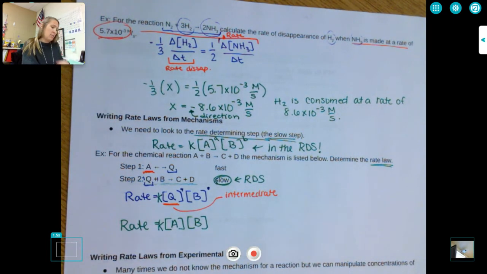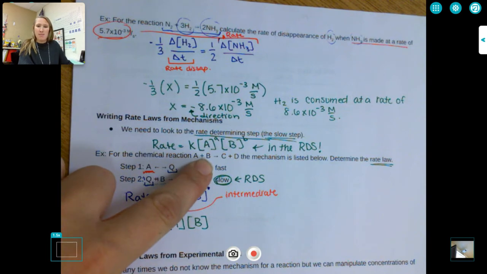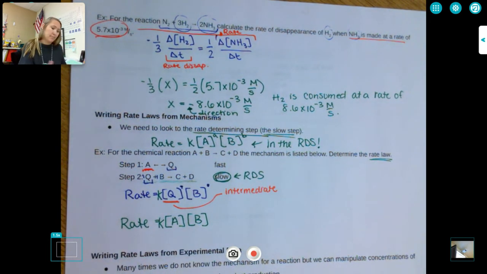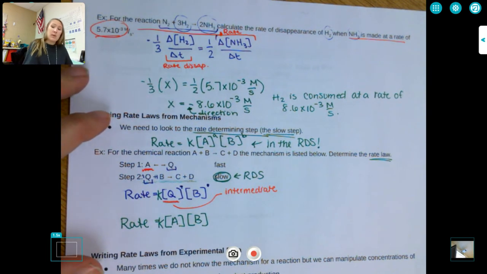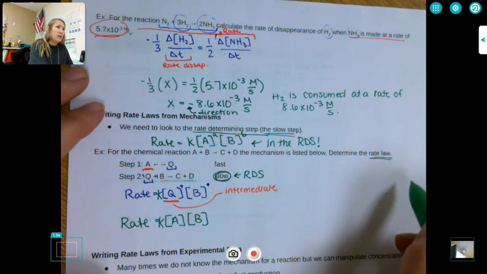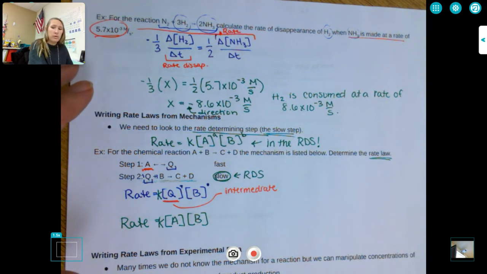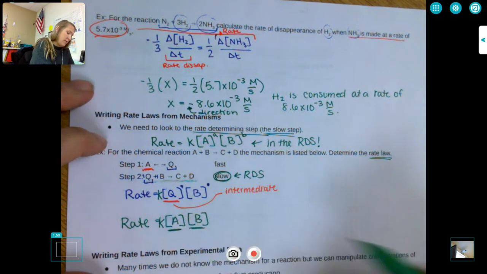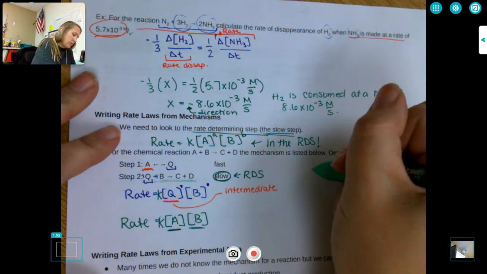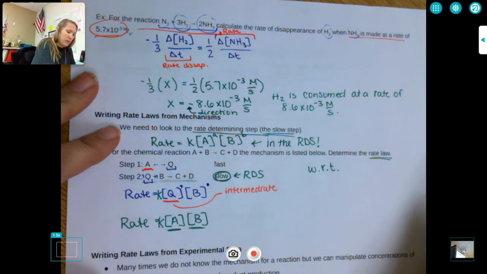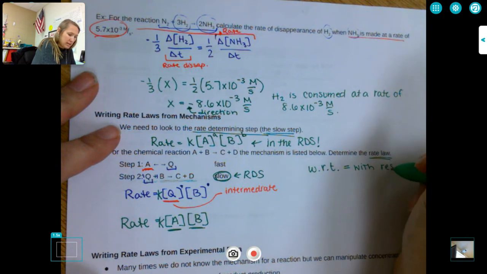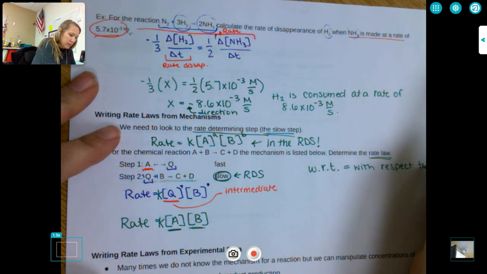Now, this just so happens to match up with the chemical reaction. That's not always the case. This one just worked out that way. After I've determined the rate law, I can also state the order with respect to each of the individual reactants inside of our reaction. You'll see WRT written on papers and in directions, and that just means with respect to.